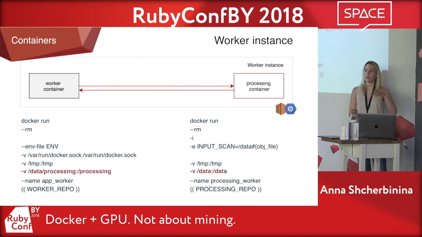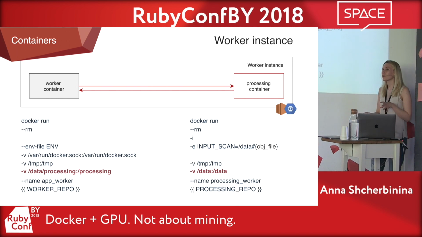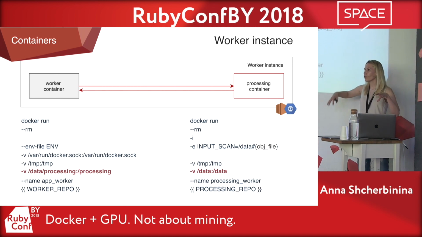As I launch the processing container from the worker container, but both on the host instance, I can't just share the directory with the source data from the worker container to the processing container, because the processing container is launched on the host instance.